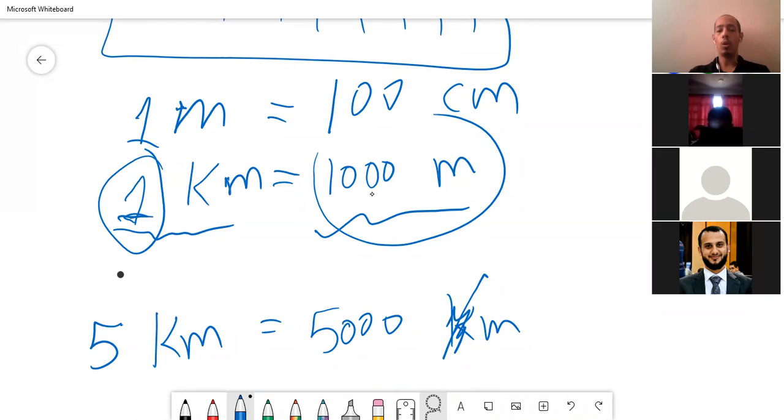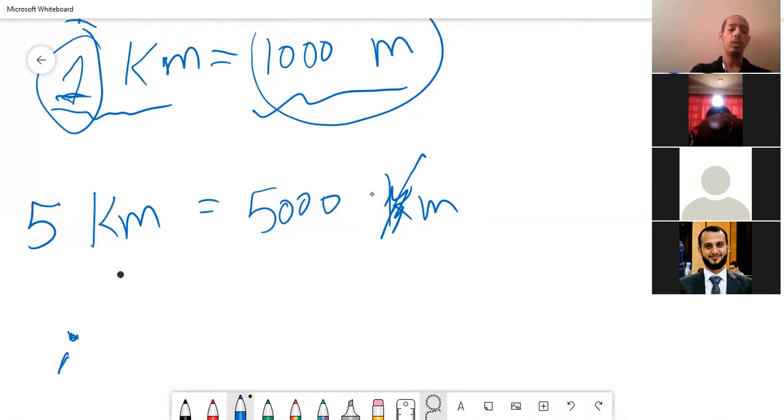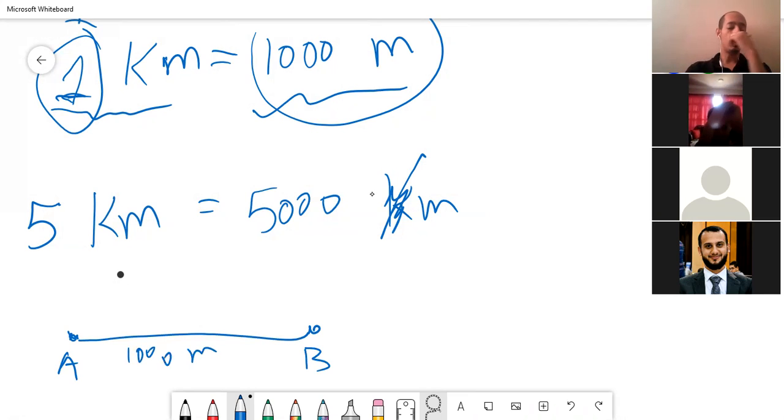If you walk for 1,000 meters, this means you walked for 1 kilometer. Then another 1,000 meters means 2,000 meters, right? And it means how many kilometers? Imagine that you walk from point A to point B, 1,000 meters. So how many kilometers did you walk? 1 kilometer.